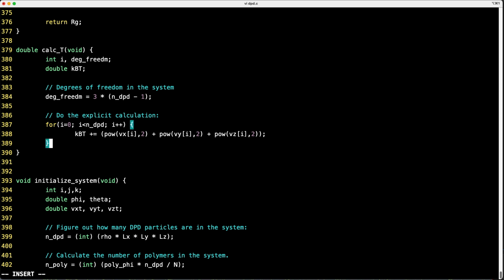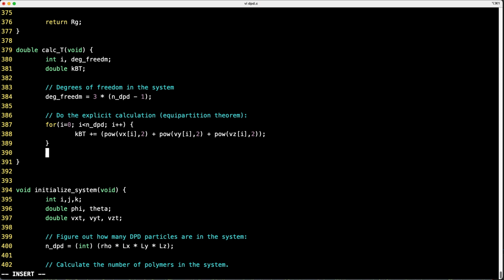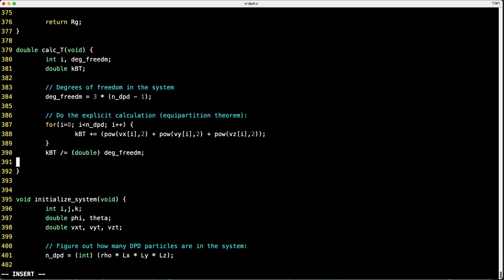Okay, equipartition theorem. So 3/2 KBT times the number of particles minus 1 would be equal to 1/2 mv squared. And so KBT, or the 1/2s go away, right? So we've got this. And then once that's done, KBT, we have to divide by the degrees of freedom. So that's the explicit calculation, and that would work.